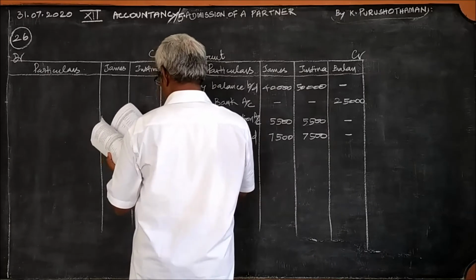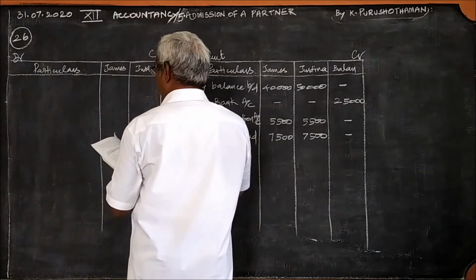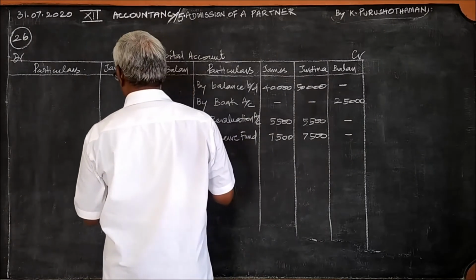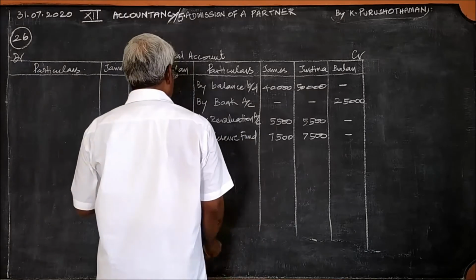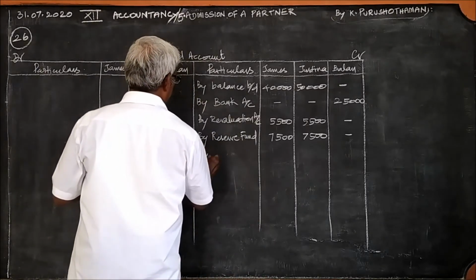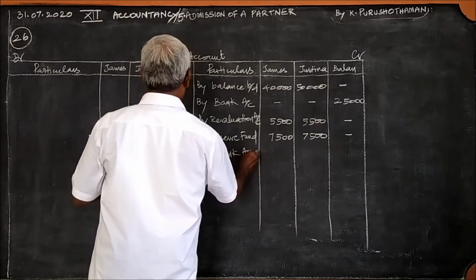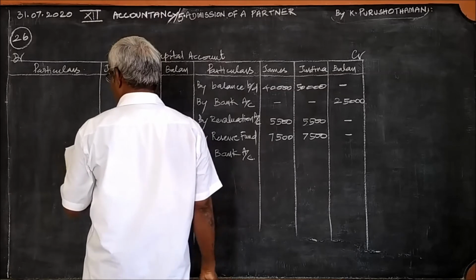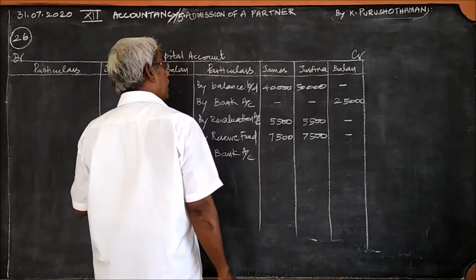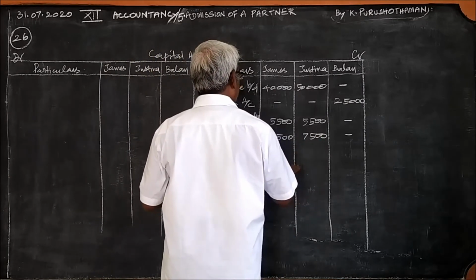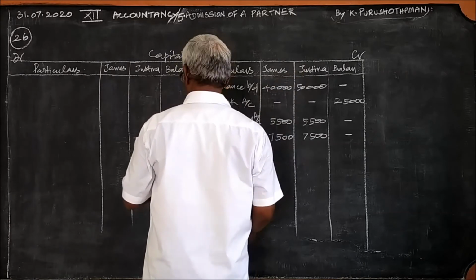After the reserve fund, nothing more is given in this problem, and therefore go to the adjustments. For the adjustment, goodwill, we should write by bank account. 10,000 is brought in by the new partner Bolan, and that is divided among the old partners, James and Justina.